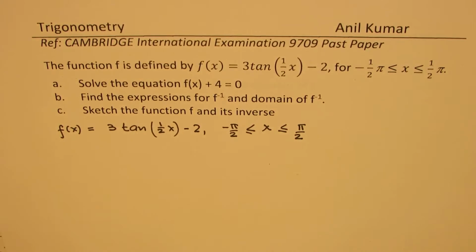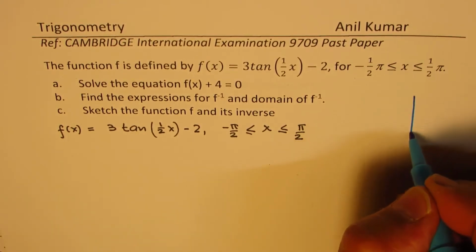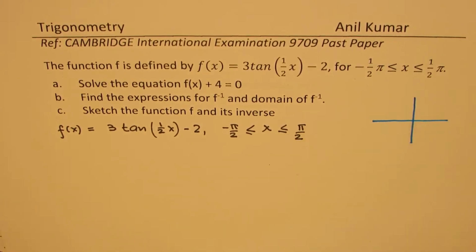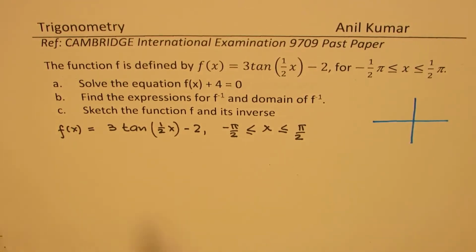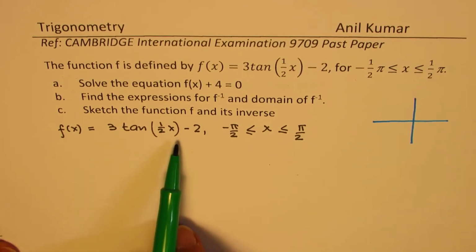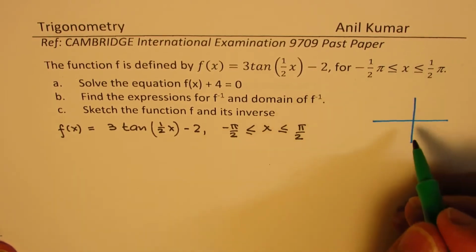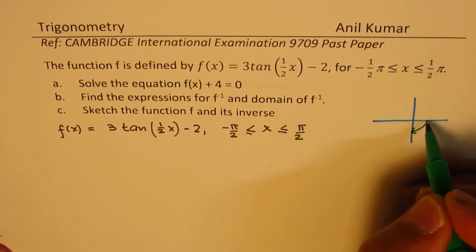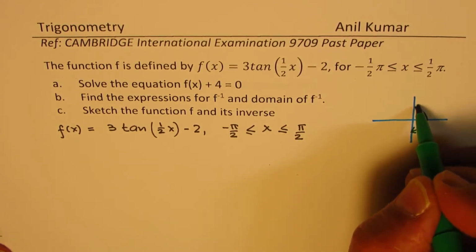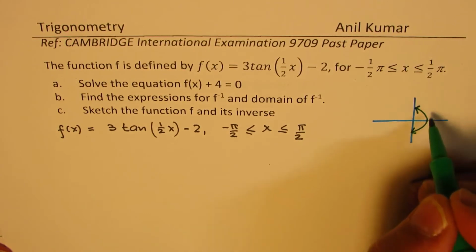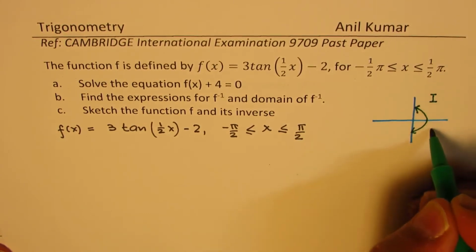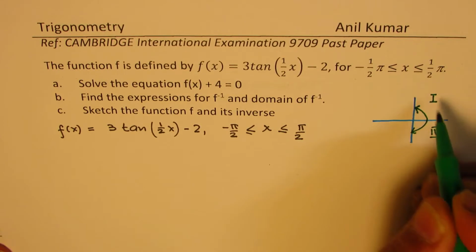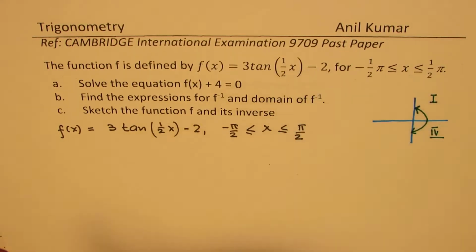Let's try to understand this domain itself. Colored pens and inks I'm only using for explanation; in the test you have to provide the solution in black ink. When we say minus pi by 2, that means in this direction, and plus pi by 2 means in this. So we need to find the solution in quadrant 1 or quadrant 4.